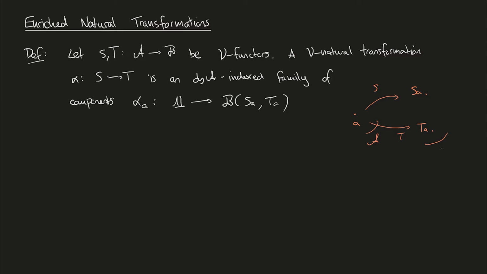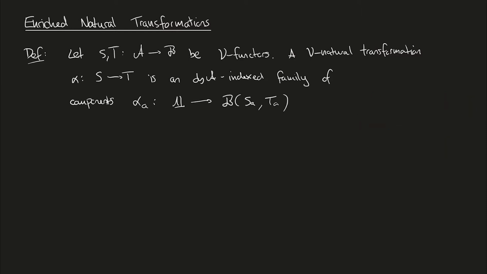And these are objects in the V-category B. Now we have some Hom object between SA and TA. So this is B(SA, TA). And we can think of the component map as picking out some element of this Hom object.